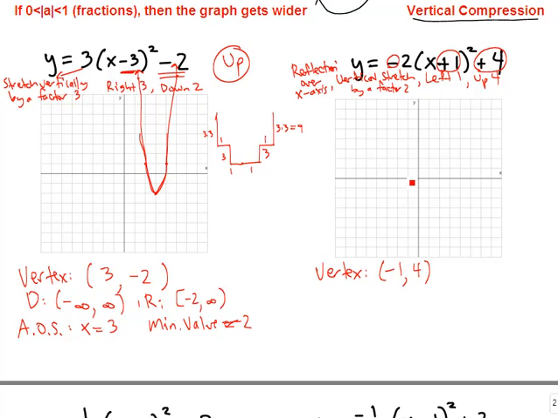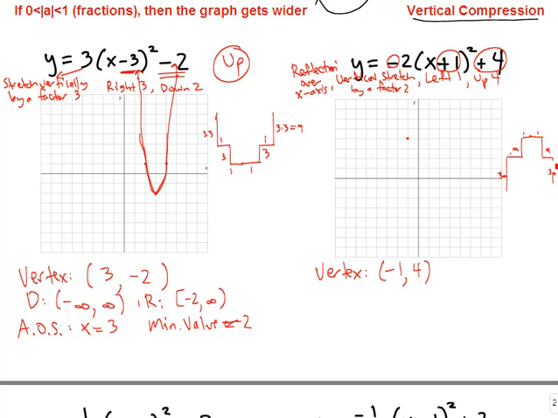So going to -1, 4, I'm going to put my dot for my vertex, and now we're going to use our pattern. Our pattern is to go over 1, and this time remember A was -2, so we're going to go over 1 on both sides, down A, and then over 1, down 3A.